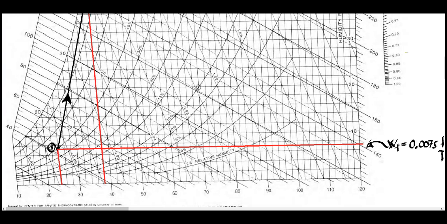Then let's get the enthalpy. Also at this point, let's mark it with the color red. We have the enthalpy of, so this is 40 and 40.